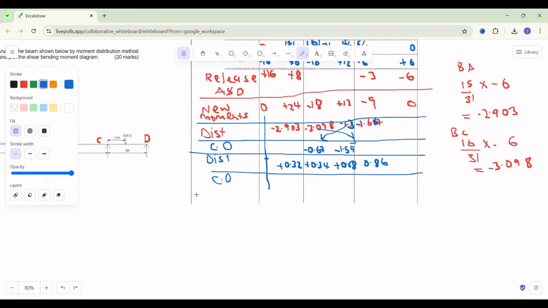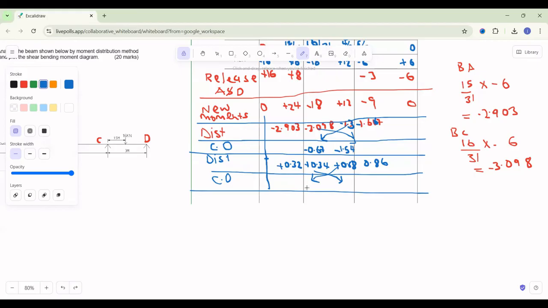So if you do the carry over, half of this goes to this side, and half to this side.